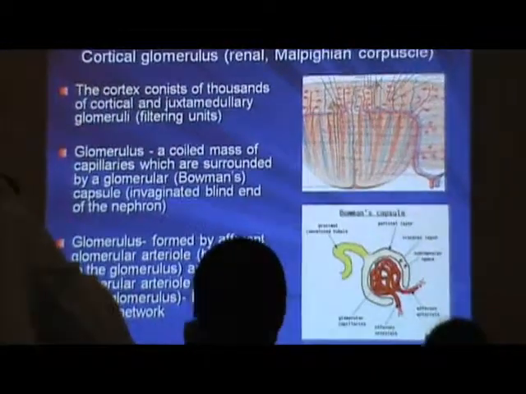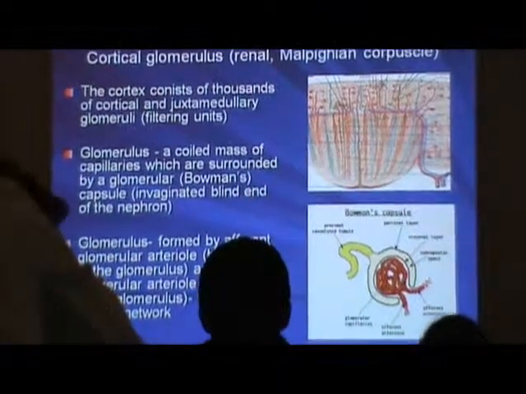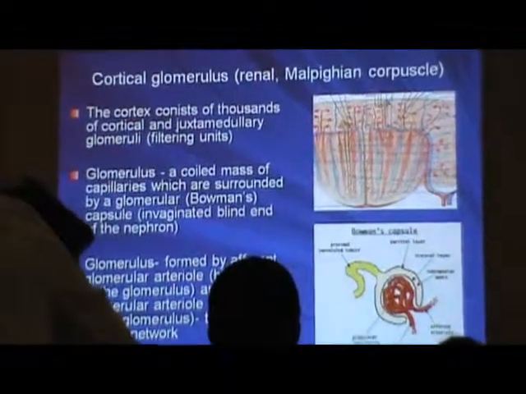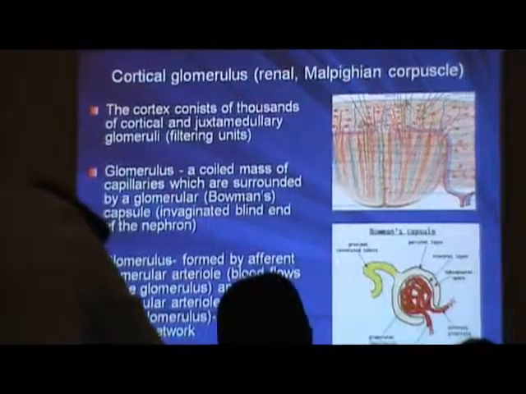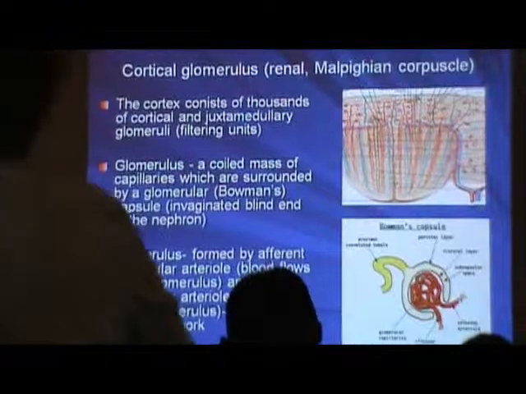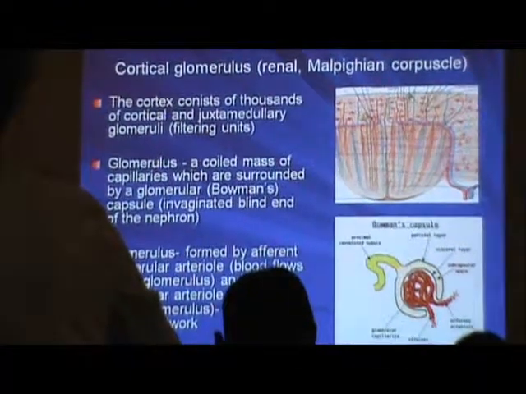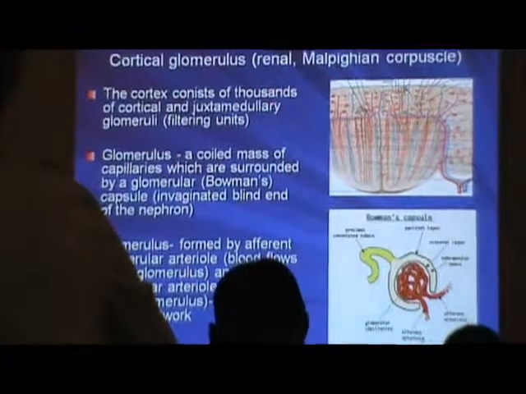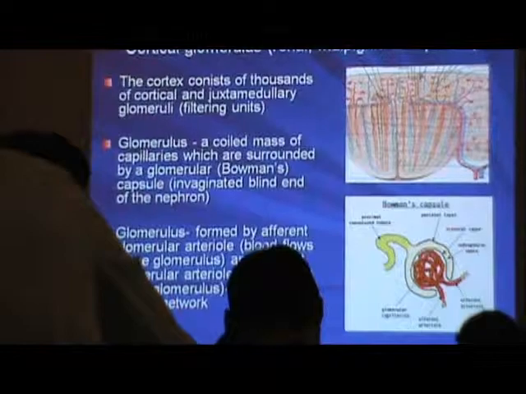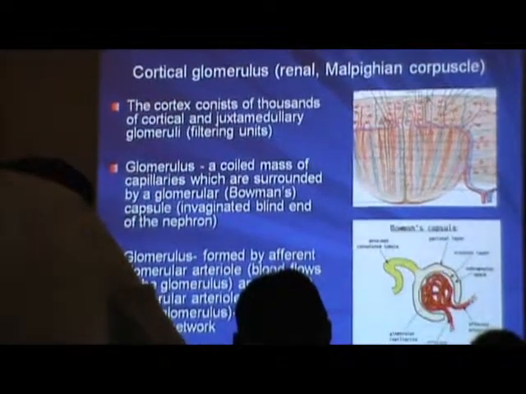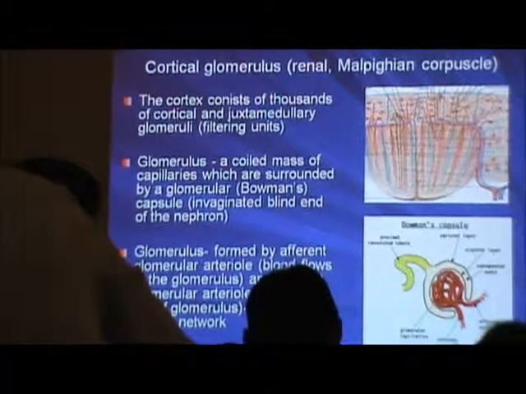The cortical glomerulus, the renal or Malpighian corpuscle, is located in the kidney, and the cortex consists of thousands of cortical and juxtamedullary glomeruli. Juxtamedullary means that they are close to the medulla of the kidney.